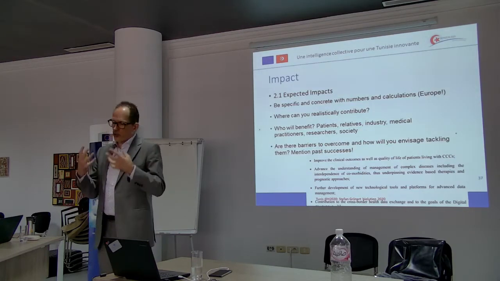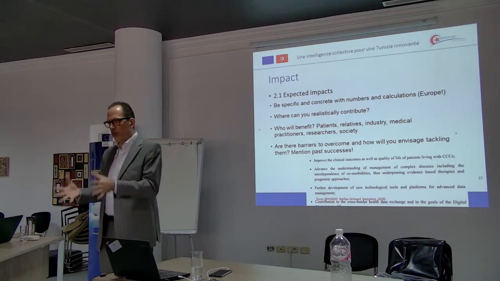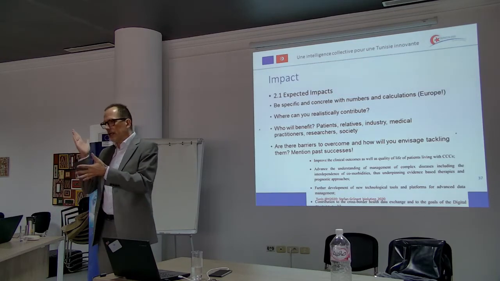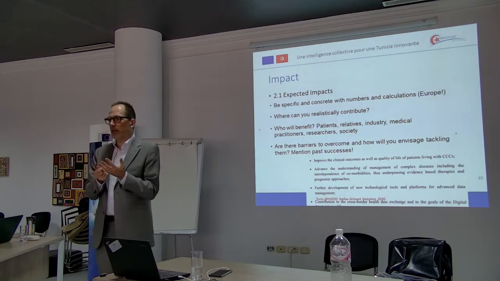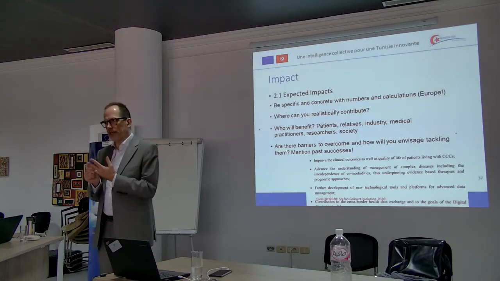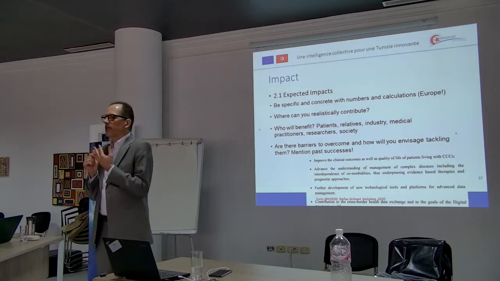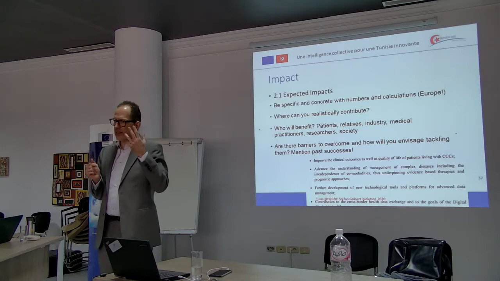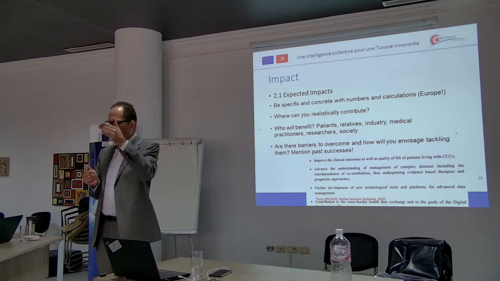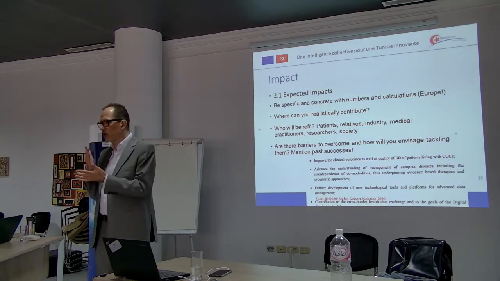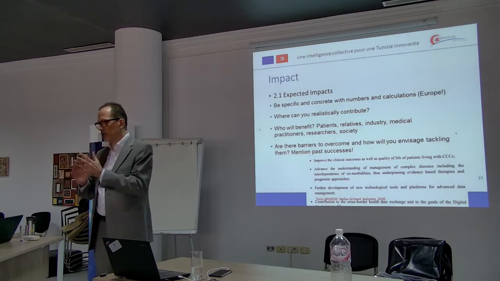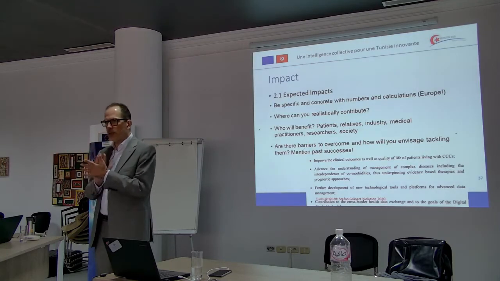And why are you not using European numbers for a European project? You can explain this. Sometimes European numbers are actually not so good as US numbers. If that is the case, you can still say, based on whatever US data, we estimate in Europe so many patients are suffering, whatever. Give a European estimate.